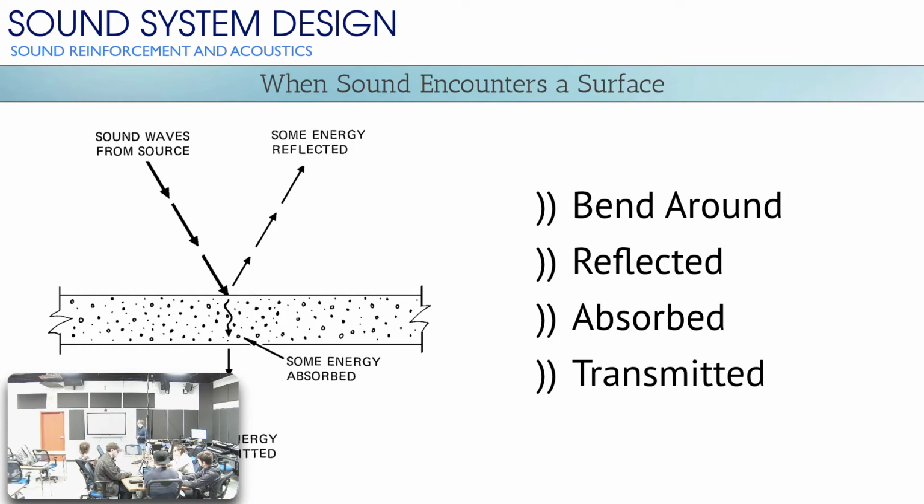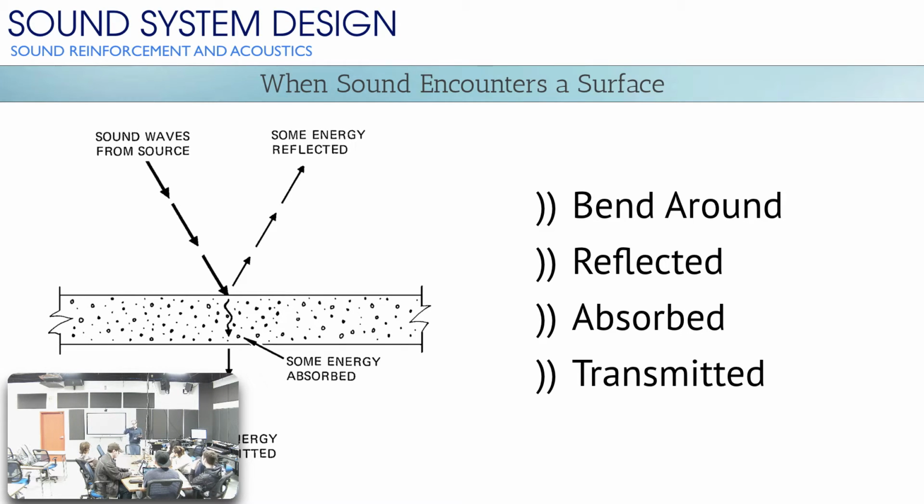So a sound wave can run into an object, and we've already talked about this first one, right? It's possible that the sound could go around that object, depending on how large the object is relative to the wavelength of the sound that's hitting it, right? If the object is relatively small compared to that wavelength, the sound will just go around it very easily.